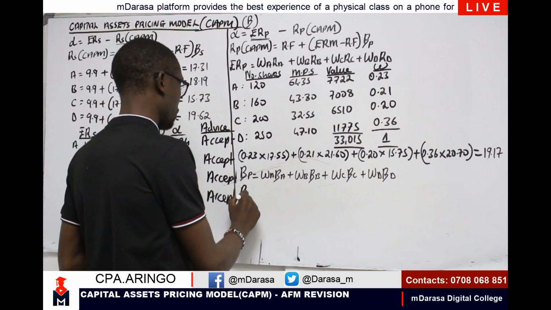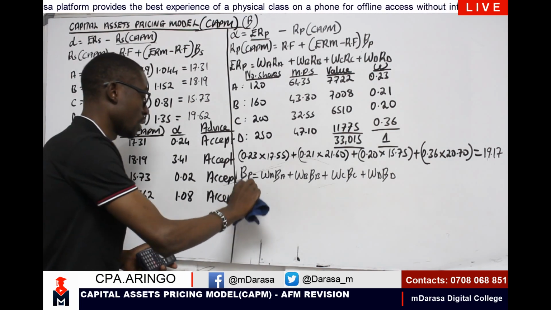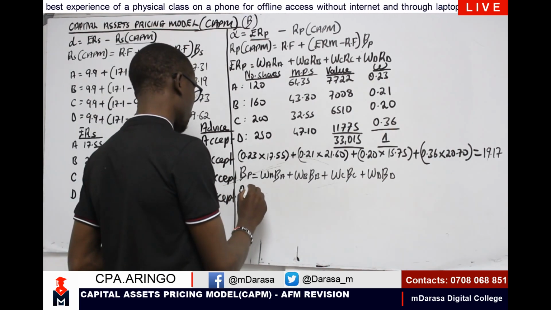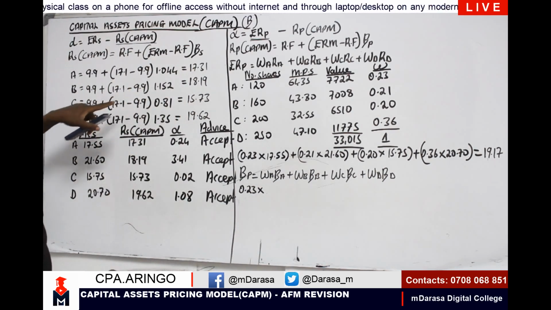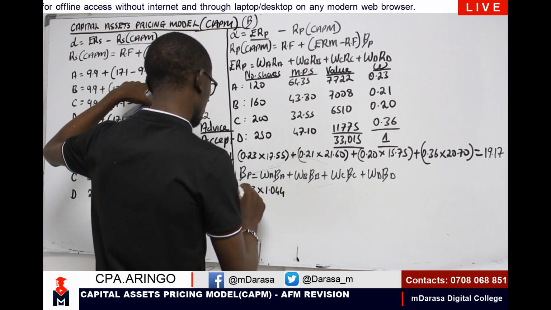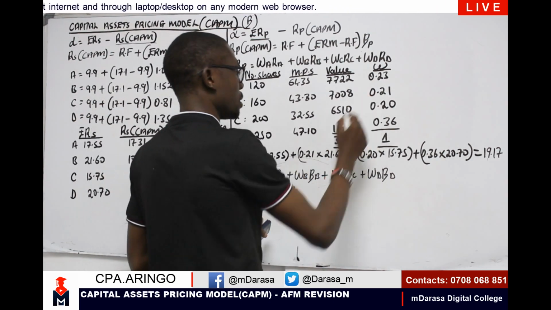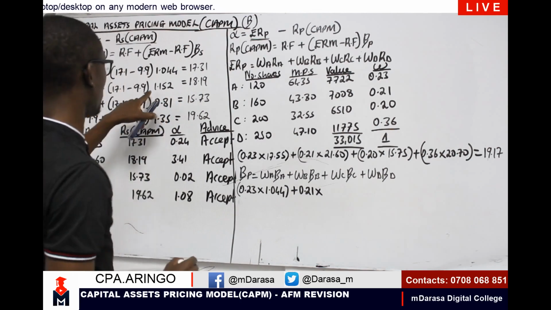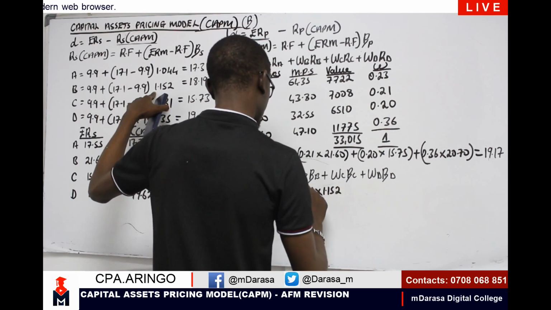So therefore we can agree that beta of our portfolio, we should be having my weight of A, which is 0.23, times beta of A, which is 1.044. We add weight of B, 0.21, times beta of B, 1.152, correct.